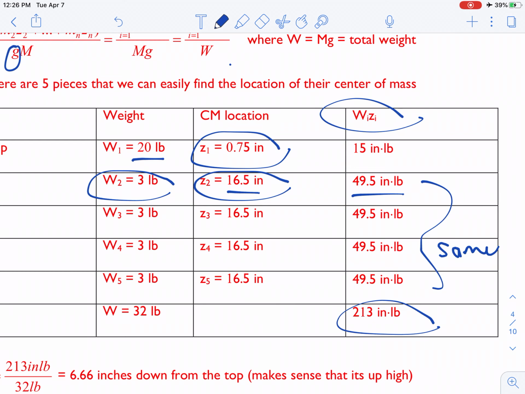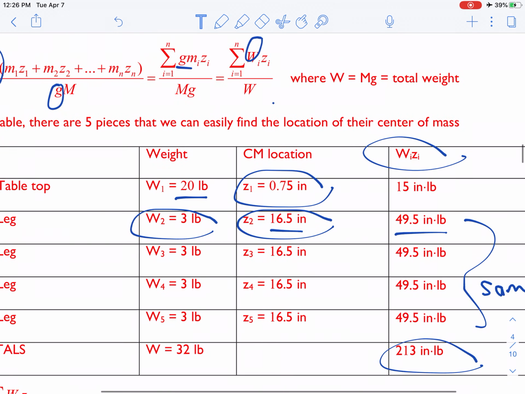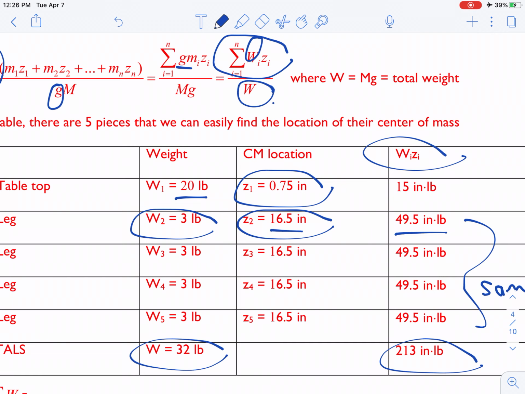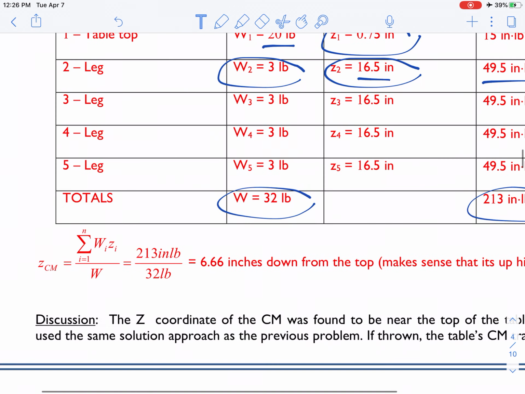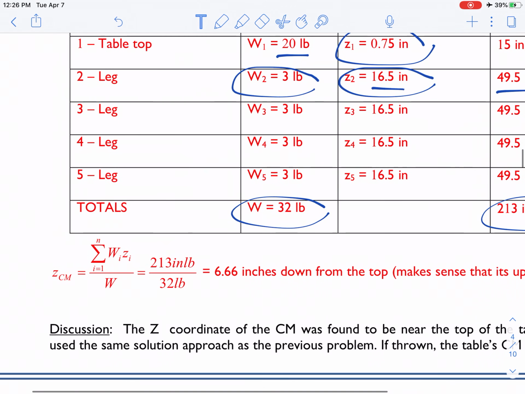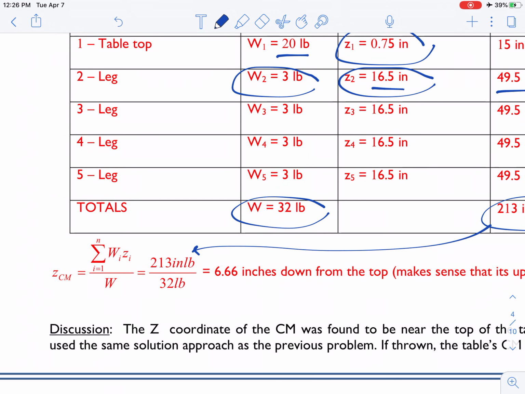So this becomes the sum of Wi Zi, which goes onto the top of the equation, as you can see here. And we also have the total weight force. So you have everything to solve for Z center of mass. So all we do is plug those numbers in and solve for Z center of mass.